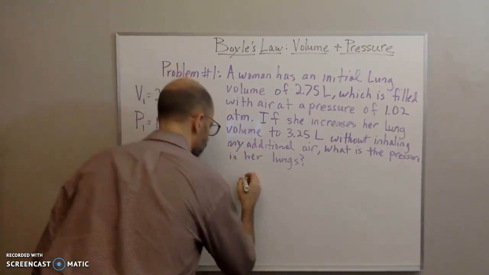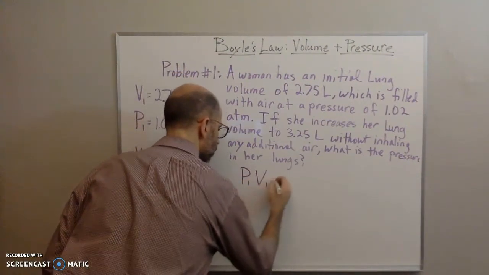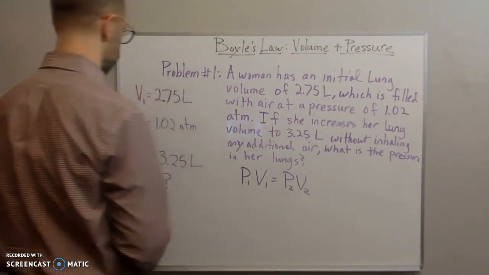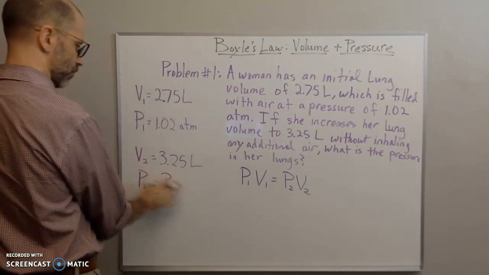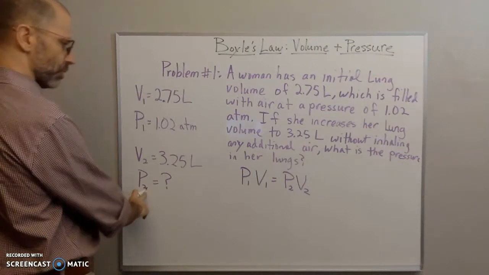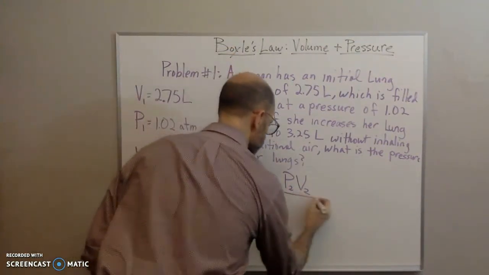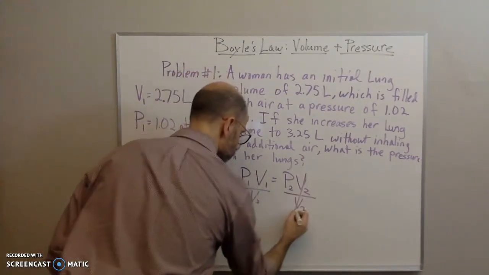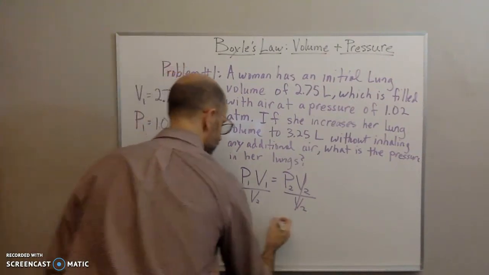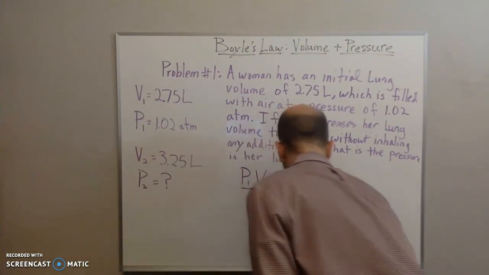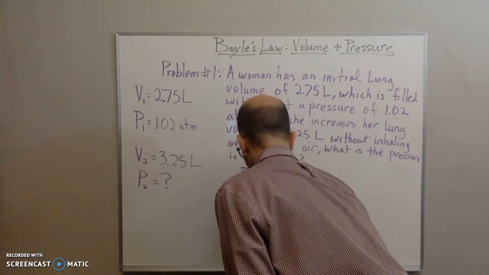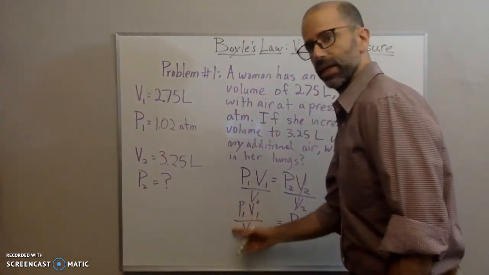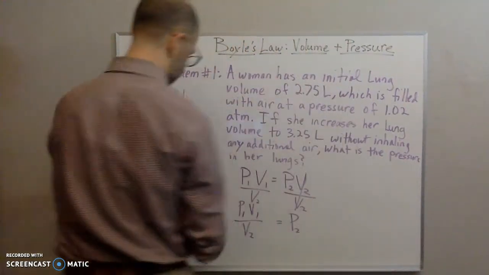So if you remember, Boyle's Law is P1 V1 equals P2 V2, and so you can just plug in your values, or you could just solve the equation for P2. If I solve the equation for P2, then I divide both sides by V2, so that cancels out. So then I get P2 is equal to P1 V1 over V2. So now all I need to do is plug in these values, which I have here.